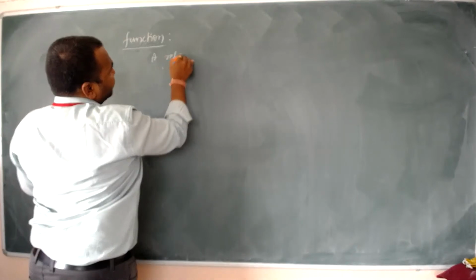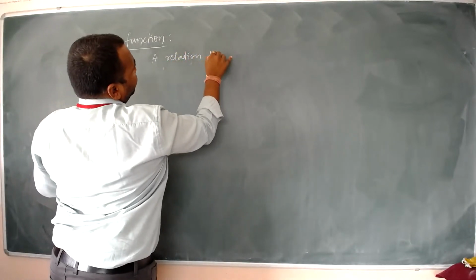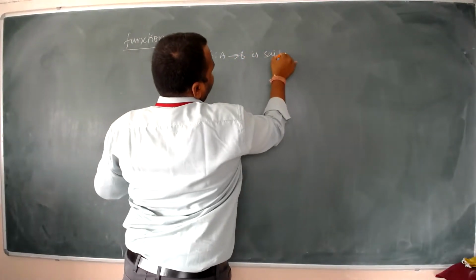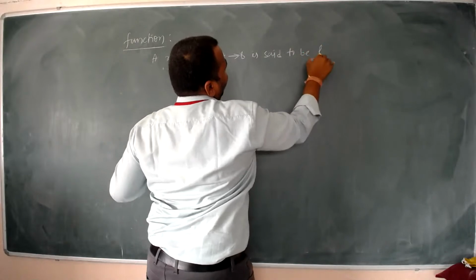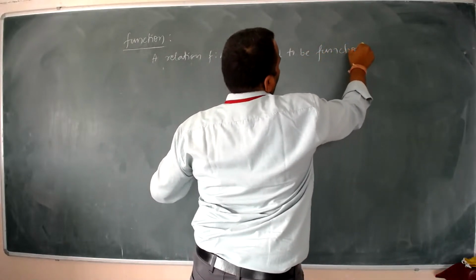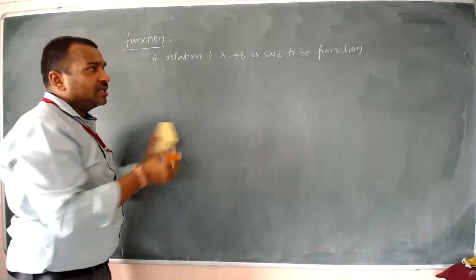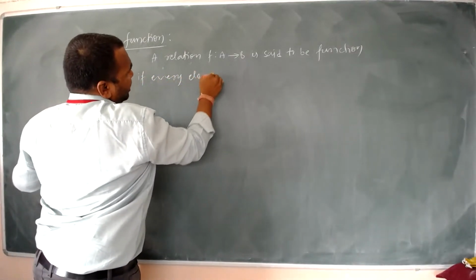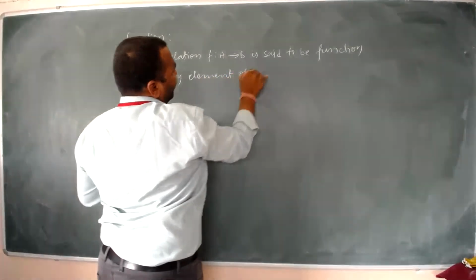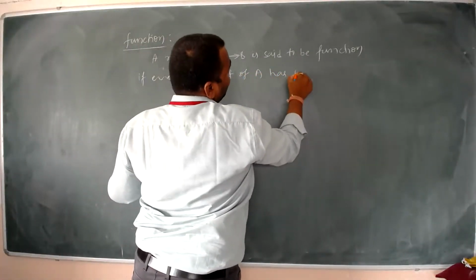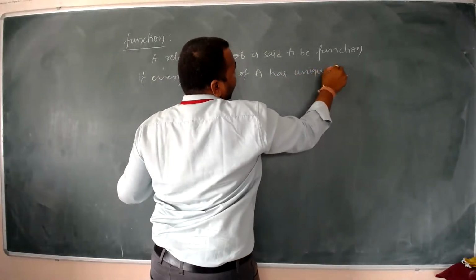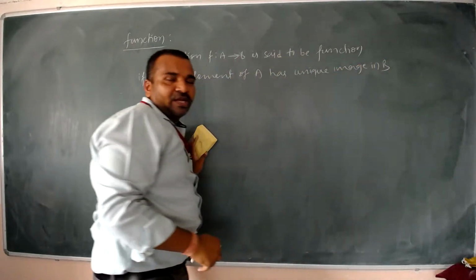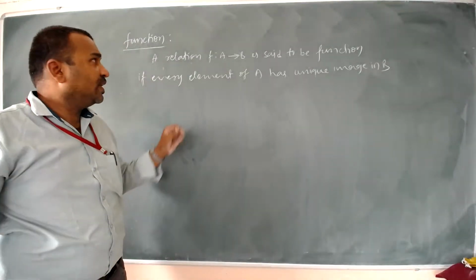A relation F from A to B is said to be a function if every element of capital A has a unique image in capital B. Okay? This is the basic definition of function.